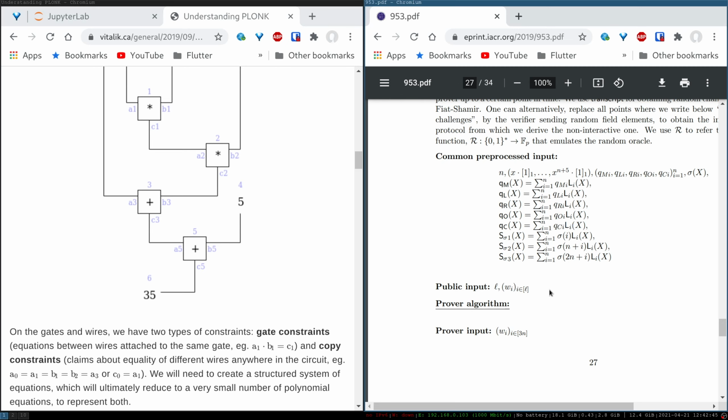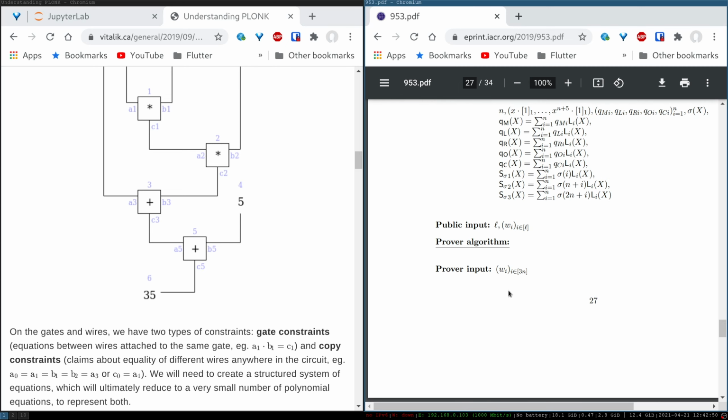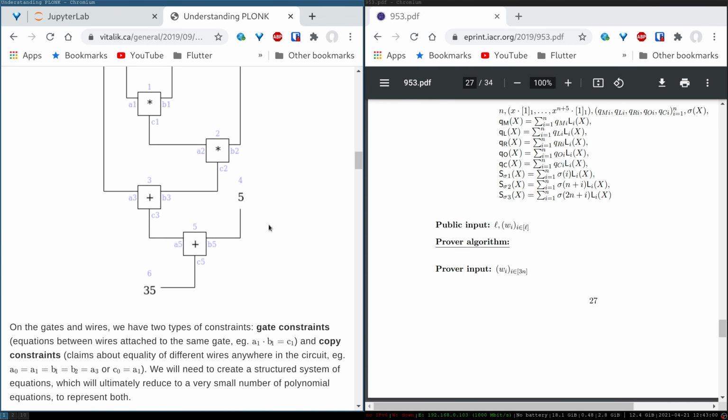They call it public input, PI. In our case, PI will be 0, and that 35 will be injected in as QC, for QC equal minus 30. So 35 minus 5, of course.